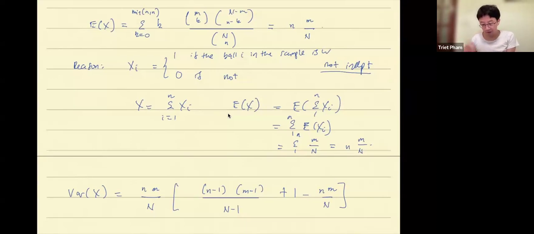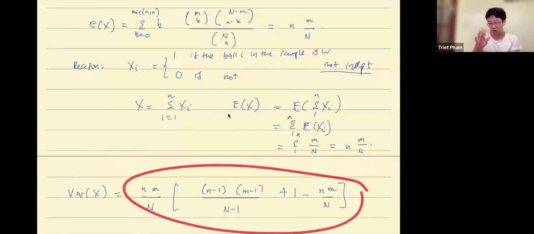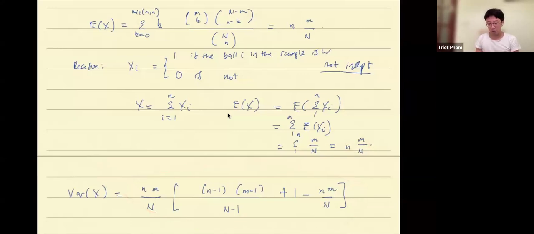And this is why I don't memorize the variance of a hypergeometric, because, well, there's some pattern to it, but the pattern is not worth memorizing. It's not that intuitive, as in the sample size times the success rate. Here is a more complex combination.